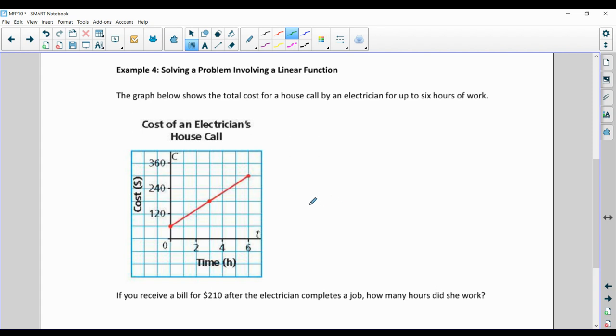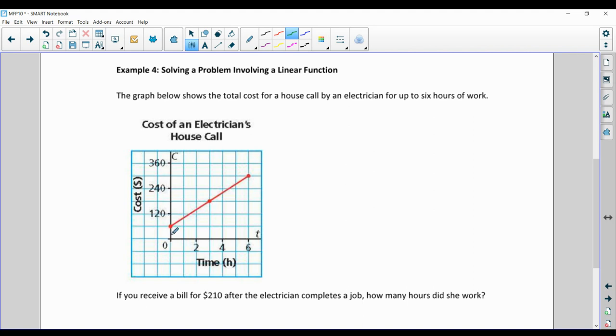Okay, well, let's take a look. So we can actually do this a couple ways. First, let's just for fun estimate it, and then afterward we actually will calculate it out. So if we were to estimate and take a guess based on this graph, right now it looks like a bill of $210 would be somewhere in between 120 and 240.